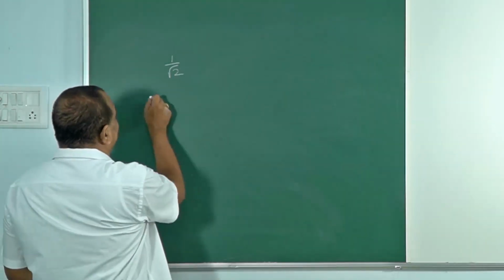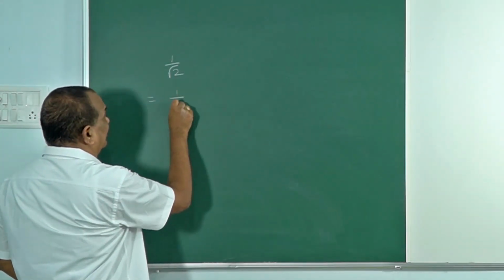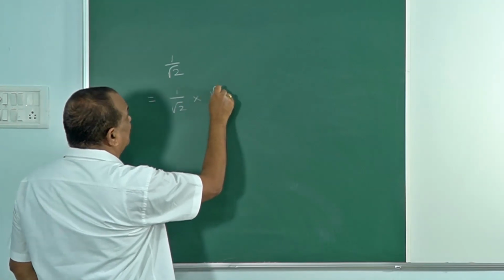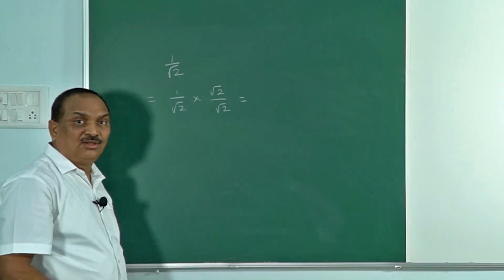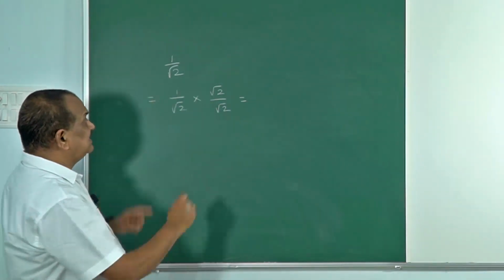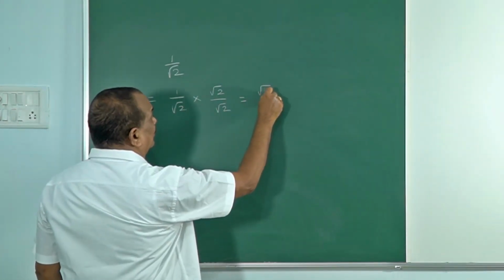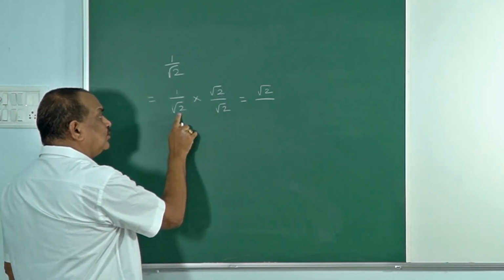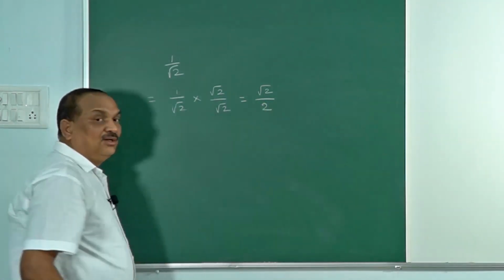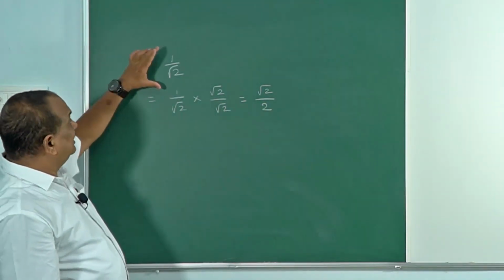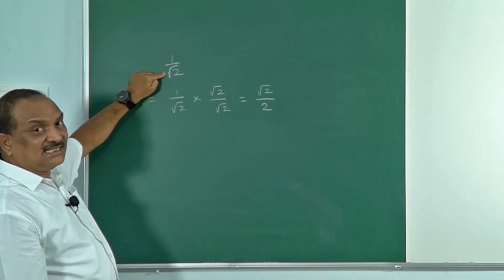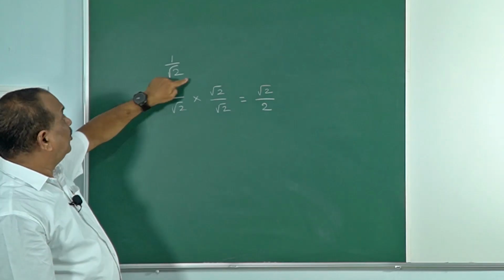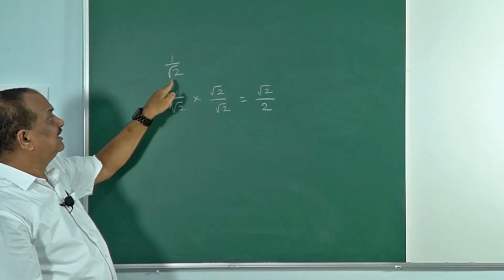So when I am given this one, I multiply numerator and denominator by root 2. Root 2 times 1 is root 2, and root 2 times root 2 is 2. Try to understand: in this number, the denominator is irrational, and the whole number is irrational.